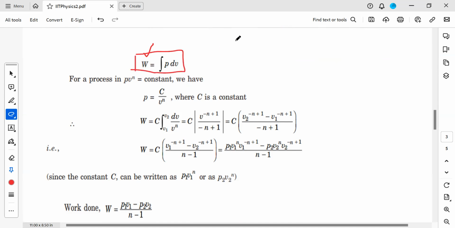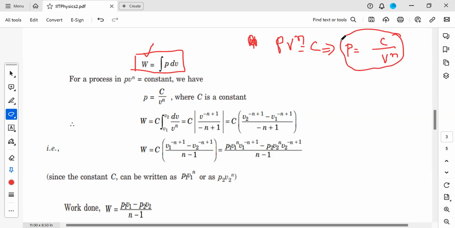The polytropic process is given by PV^n equal to constant, so we can write P equal to C by V^n.